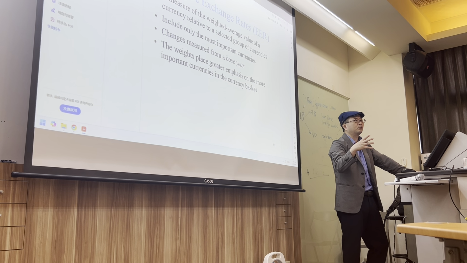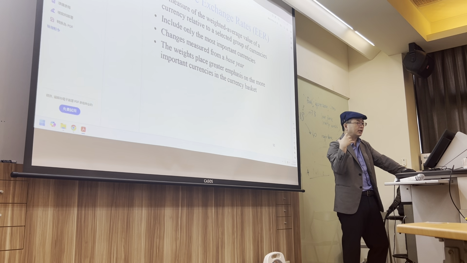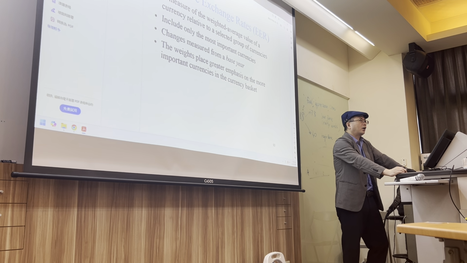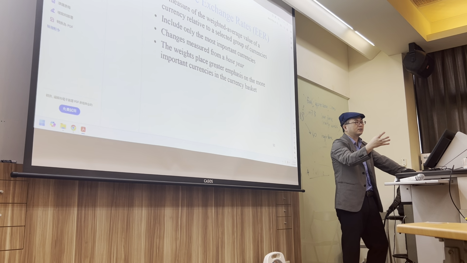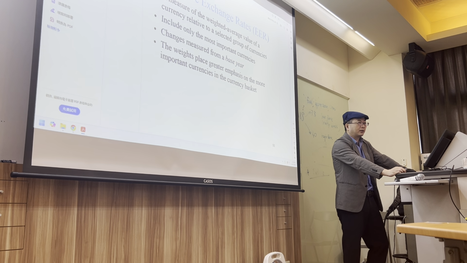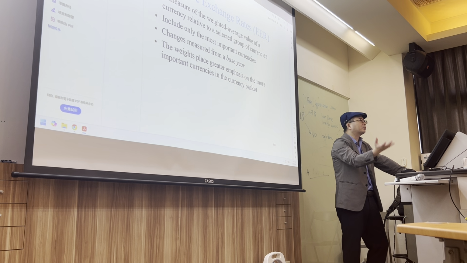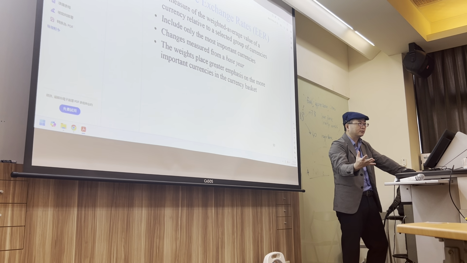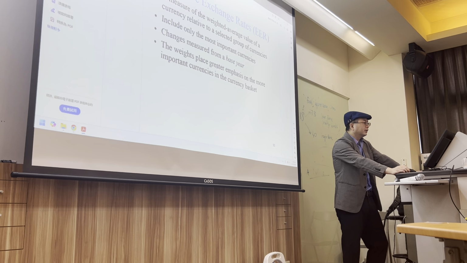In terms of the trade relationship with Taiwan, okay? And how do we judge or measure the closeness of the relationship? It's by the total amount of the trade, okay? So that means the exports plus imports, okay? So then, in a sense, we will include only the most important currencies, okay?